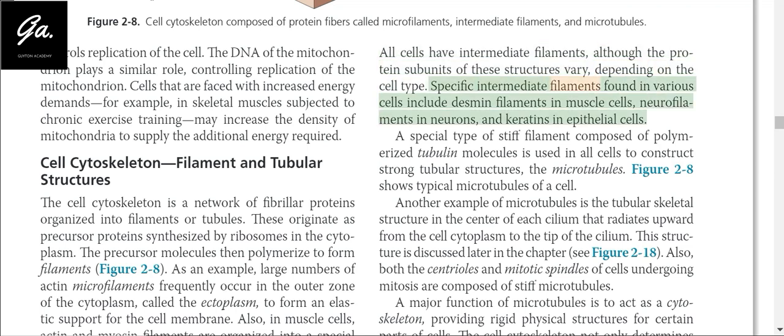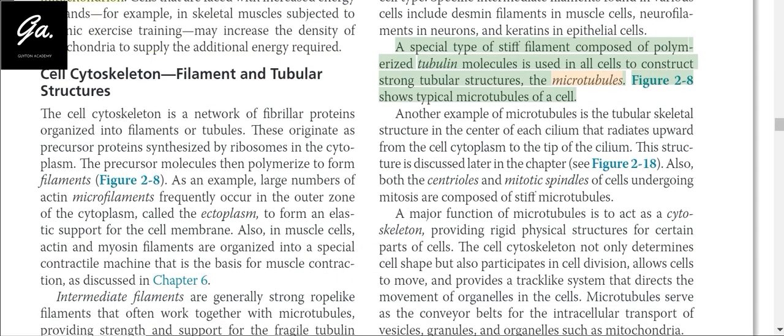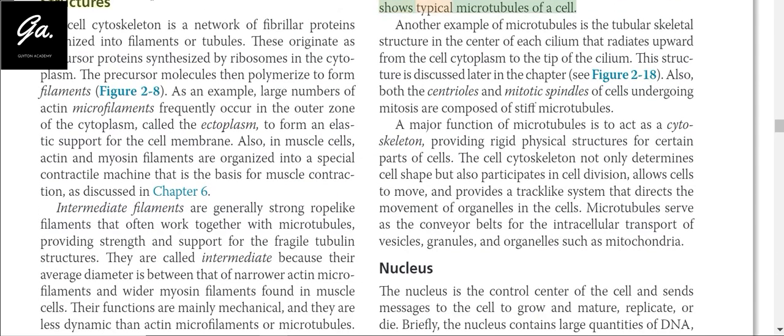Specific intermediate filaments found in various cells include desmin filaments in muscle cells, neurofilaments in neurons, and keratins in epithelial cells. A special type of stiff filament composed of polymerized tubulin molecules is used in all cells to construct strong tubular structures, the microtubules. Figure 2-8 shows typical microtubules of a cell.